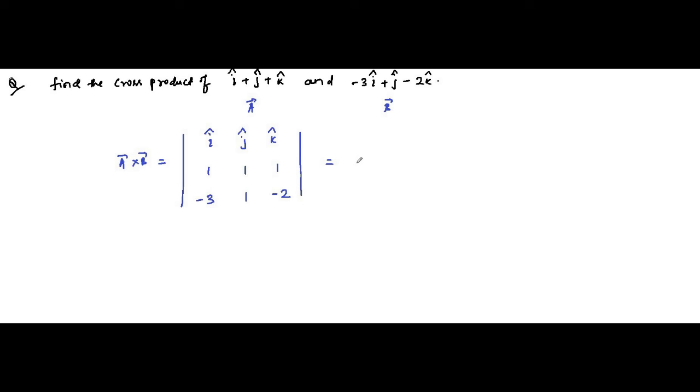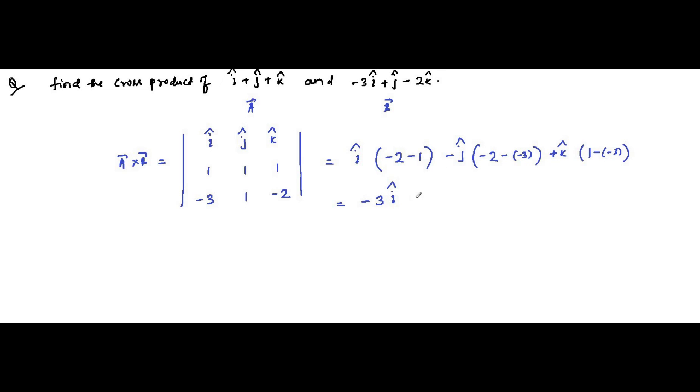which is equal to i cap 1 into minus 2, which is minus 2, minus 1 into 1, which is 1, minus j cap 1 into minus 2, minus 3 into 1, minus 3, then plus k cap 1 into 1, which is 1, minus 3 into 1, which is minus 3, 1 minus minus 3. So that is equal to minus 3i cap.